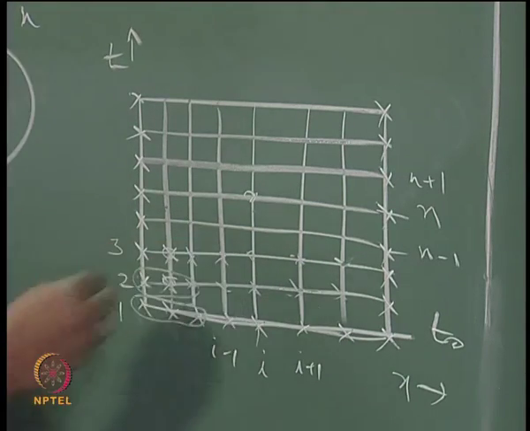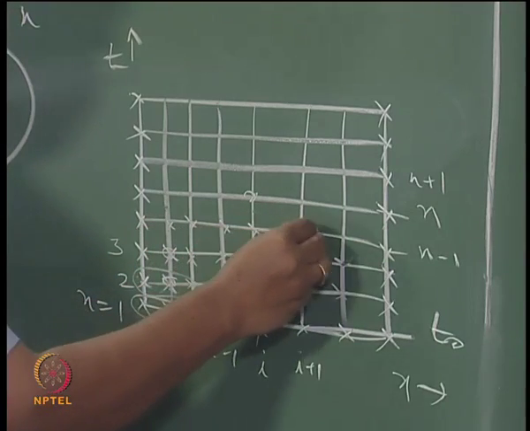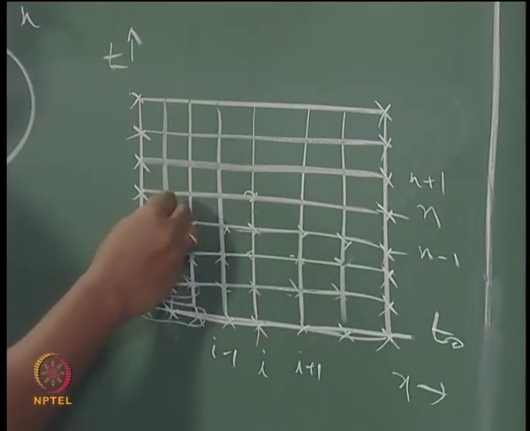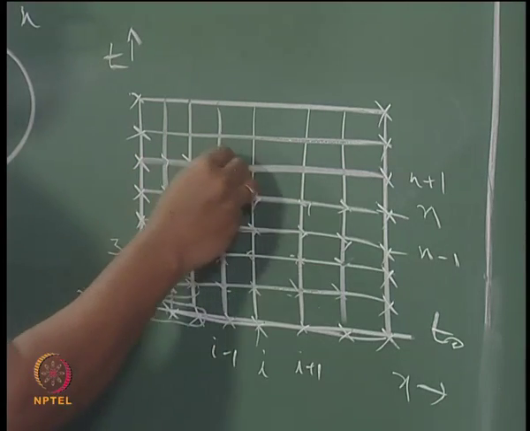So we can march forward from point to point in the spatial direction, and then once we complete a particular row calculation, so that is for all the spatial points at a particular time, we go to the next time. So that way we can fill up all these unknowns by marching forward in the x direction, and then once this is finished we come back to the first point and then we can do like this.